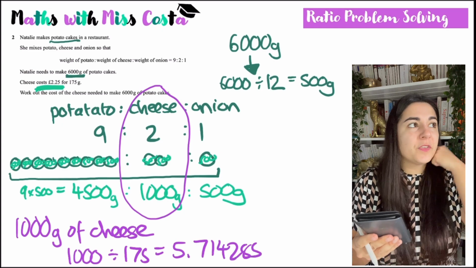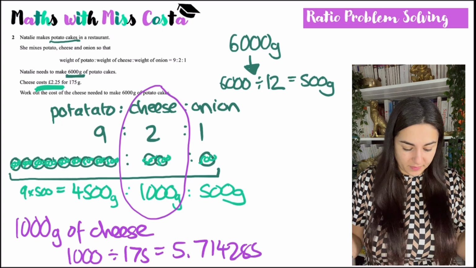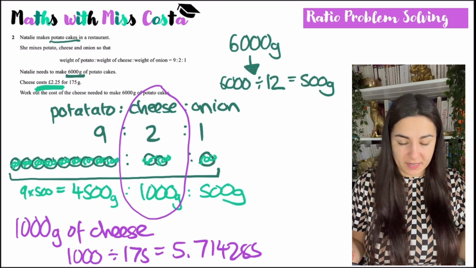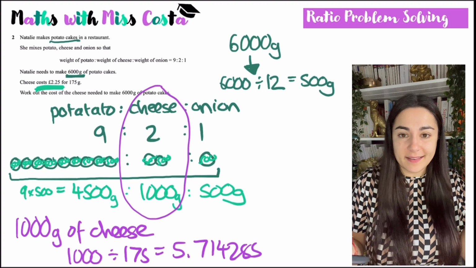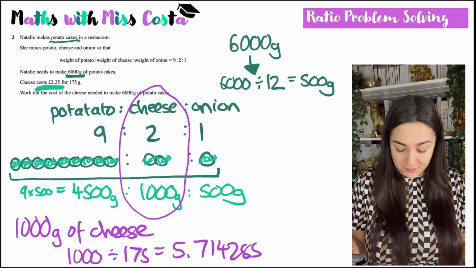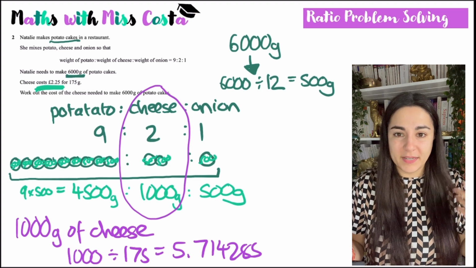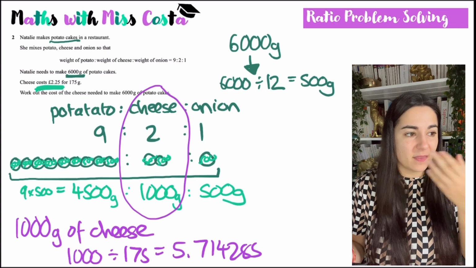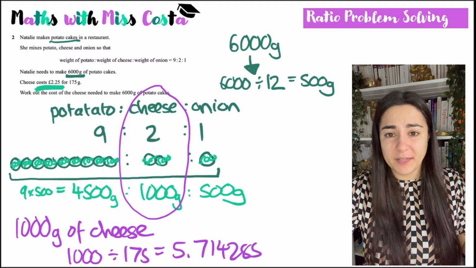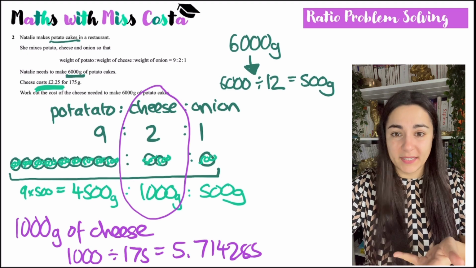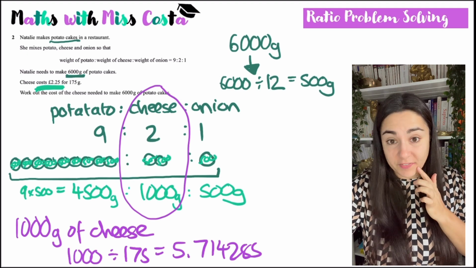Now, normally they might say cheese costs £2.25 for a bag weighing 175 grams. If they said a specific bag, then you need to round it up, because you can't get 5.7 bags from a store. If you went to Tesco and said, oh, hi, can I have 5.7 of those bags? They'd say, no, you buy 5 or 6. So normally you'd have to round it up.